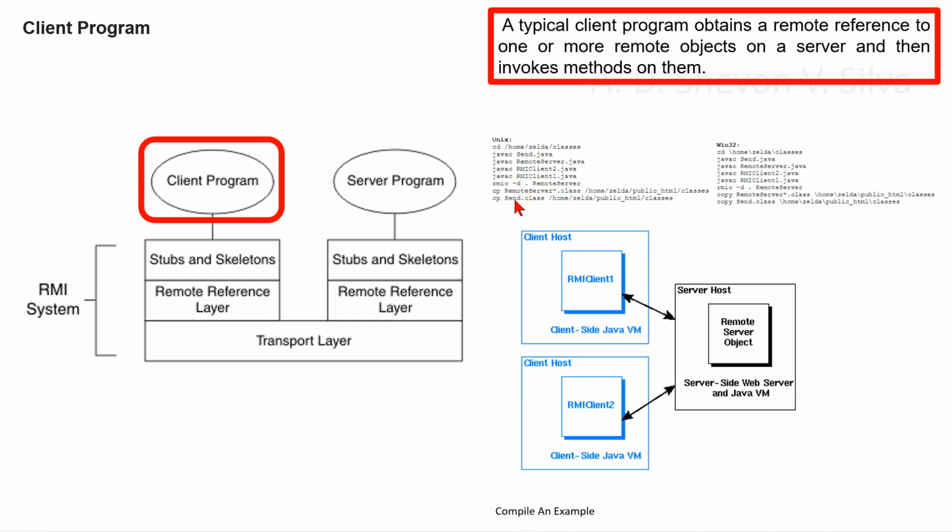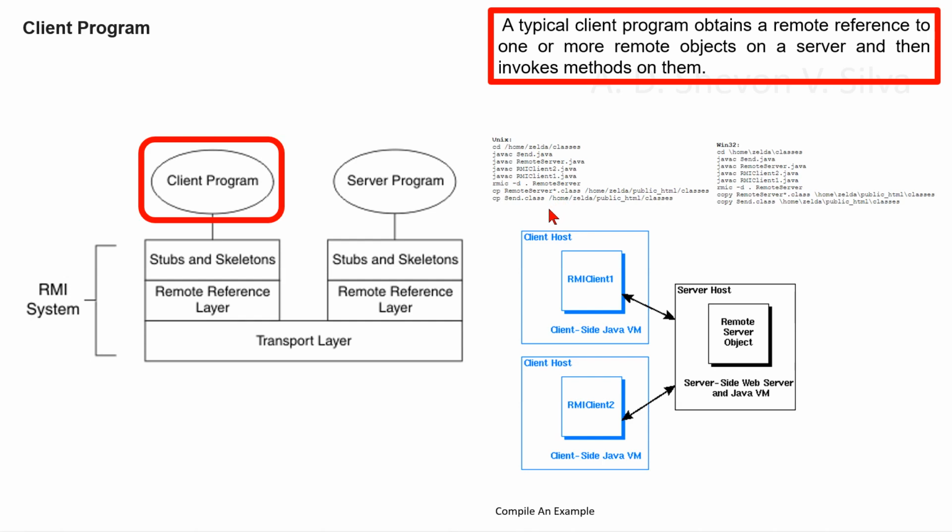The next line runs the rmic command on the remote server class. This command produces output classes of the form class name underscore Stub.class and class name underscore Skel.class. These output classes let the client invoke methods on the remote server object.